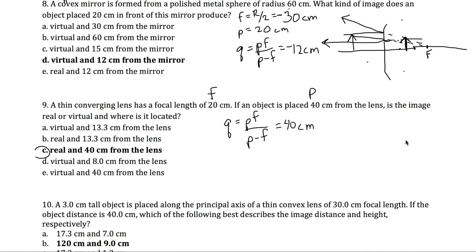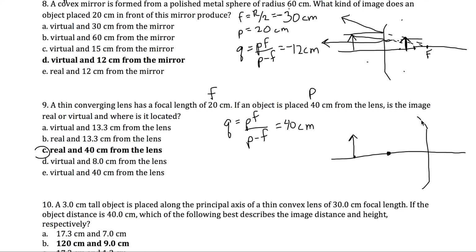If you want to do a quick sketch, we have a converging mirror, we have our optical axis, we have the focal length over here, and we have the object, which is right here. So let's see what happens.